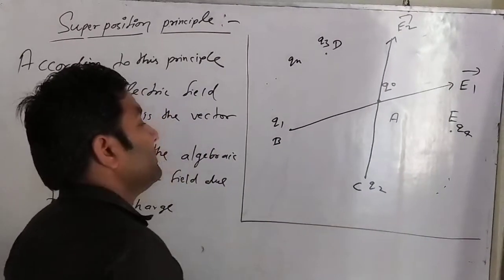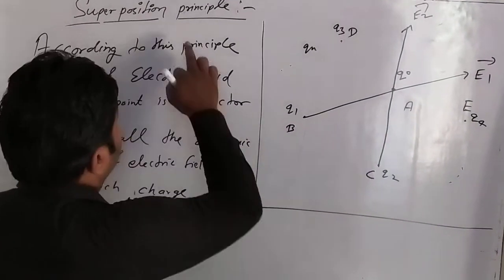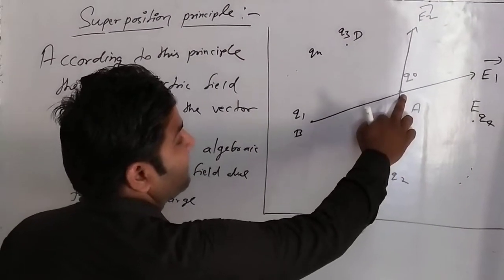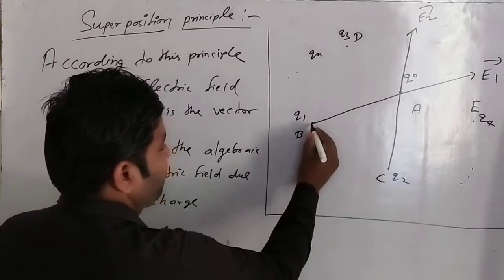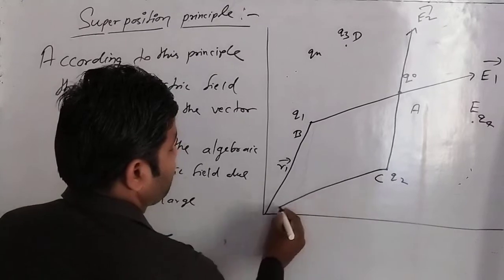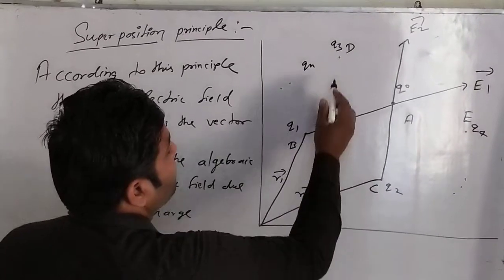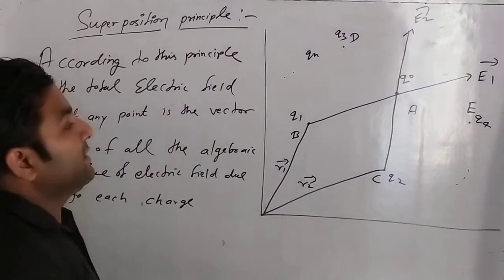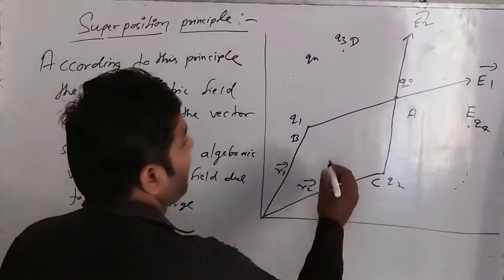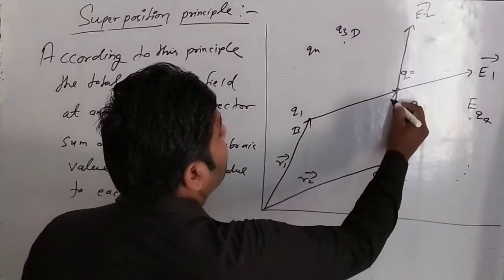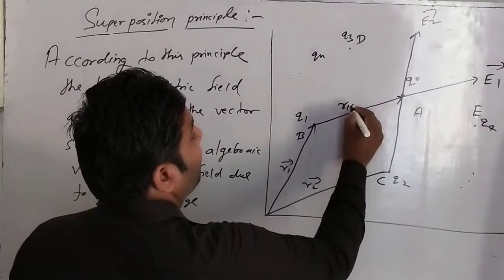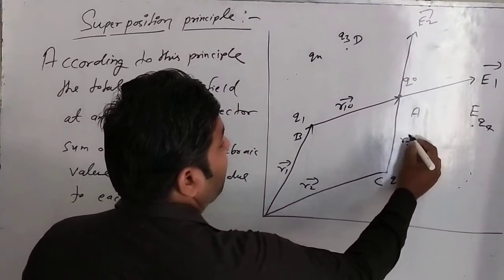Then with the help of the superposition principle we can calculate the total electric field acting on the test charge lying at point A. Here the position vector of charge Q1 is R1 and of charge Q2 is R2. Similarly the position vectors for Q3 and Q4 will be R3 and R4. Then the relative position of Q1 with respect to Q naught is R1 naught, and here R2 naught.